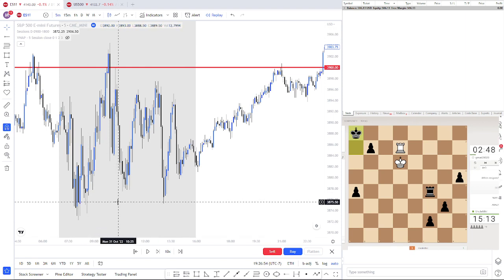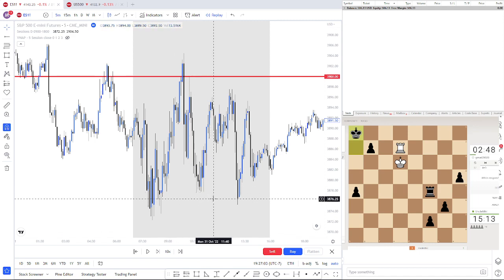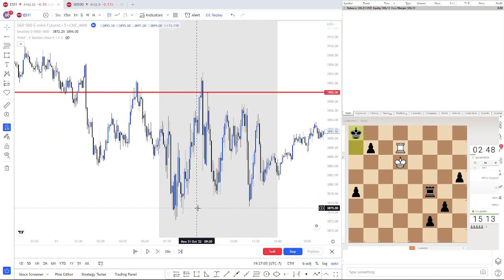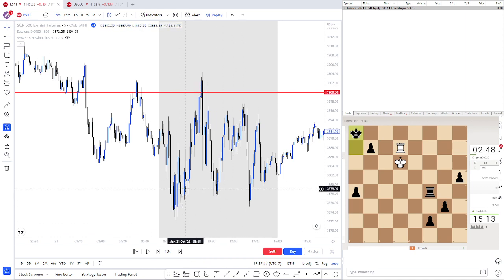So basically, if we do our analysis on the ES, this time scale actually matters now. So price is rejecting off of 875, which is a quarter point bank level, I guess. Whatever.